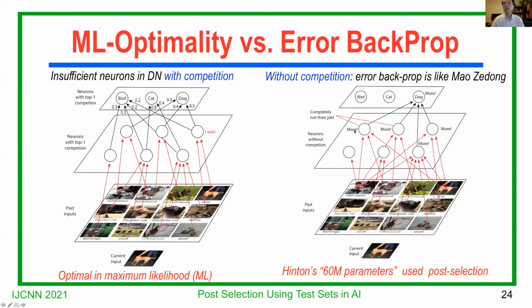Without competition, which neuron says this is the class label? It's like a teacher telling hidden neurons to increase the value, then many neurons will be required to change, and that's error backpropagation, and you really get a mess.